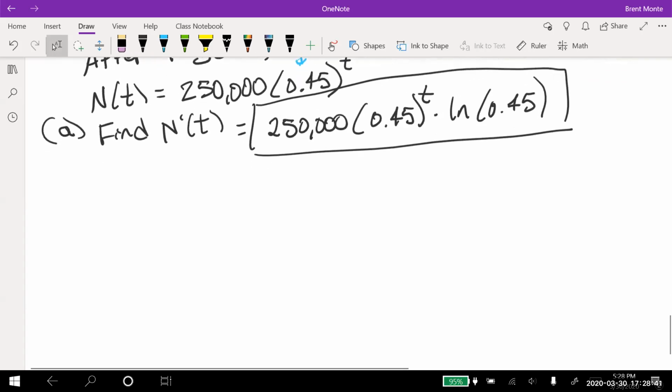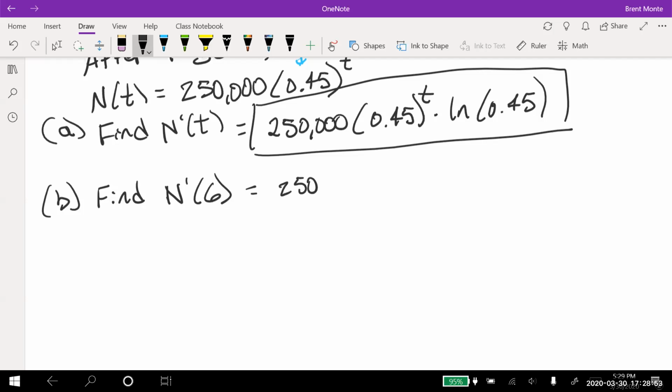So what I would typically do is I would put in something like find n prime of 6. And then we can actually find a value. So we'd say, oh, that's 250,000 times 0.45 raised to the 6th power times the ln of 0.45.